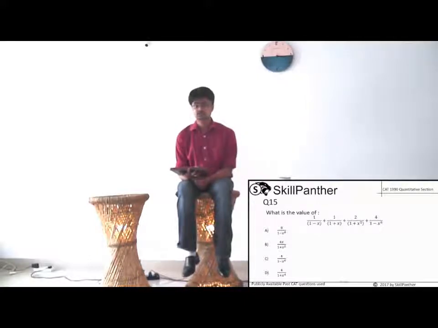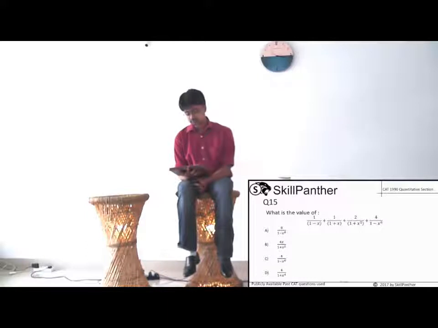It's just continuously multiplying, the x's are getting cancelled out and the whole number is left behind. 1, 1, 2, 4, 8. That's the term, and it's 1 minus x, so minus x became plus x, and x became x square, then x square becomes x to the power 4. It's basically getting multiplied by minus x the first time, then plus x, and so on and so forth.